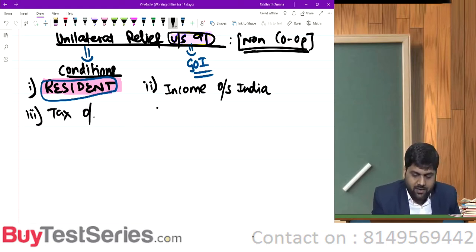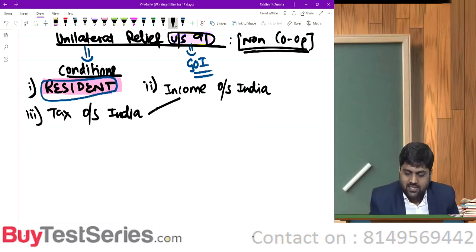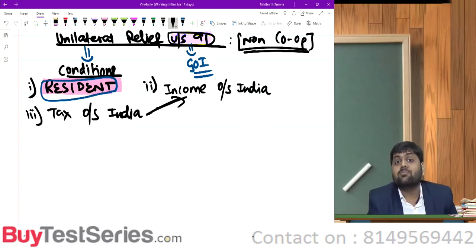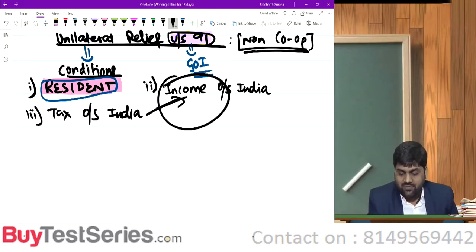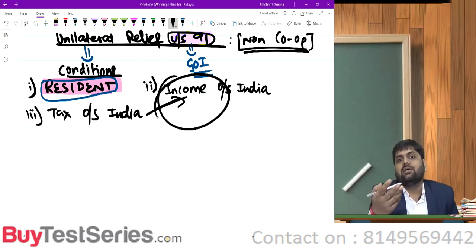Third condition, again very funny. You should have paid tax outside India. That means this income that you have earned outside India should be taxable in that country. Sometimes some countries don't levy income tax. If that income has not suffered income tax, that means you have not suffered double taxation. You won't get relief.